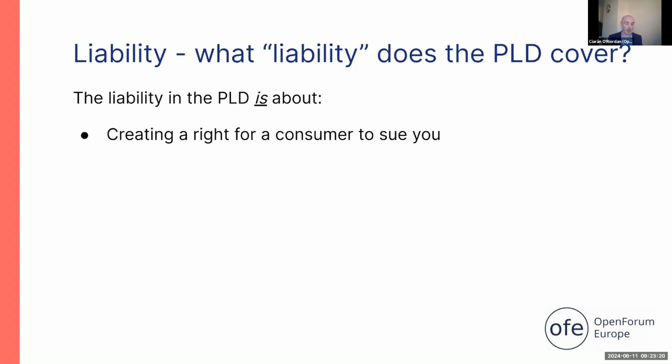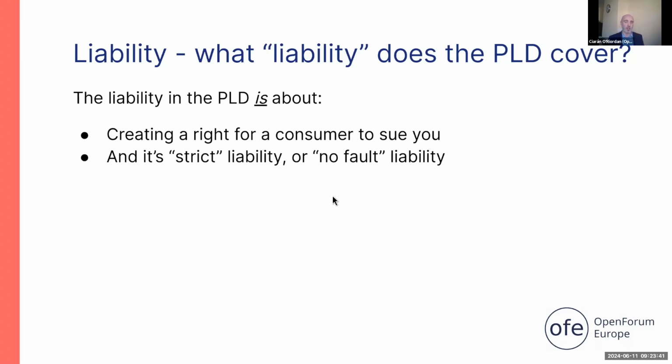The definition we are using is that the Product Liability Directive creates a right for a consumer to sue you. You may be the developer or a distributor, and that depends on the text. Also of interest is that the liability created in the Product Liability Directive is what's called strict liability, or no-fault liability.